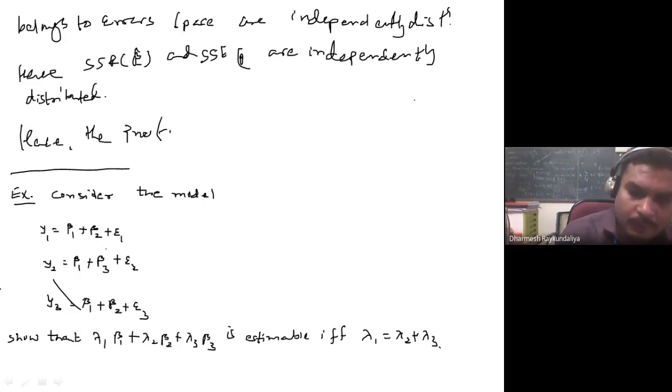In the if part, we say let us suppose lambda 1 beta 1 plus lambda 2 beta 2 plus lambda 3 beta 3 is estimable.